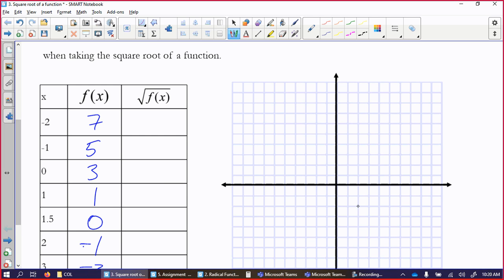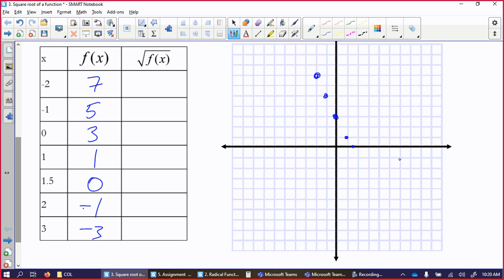So this is negative 2, 1, 2, 3, 4, 5, 6, 7; negative 1 and 5; 0 and 3; 1 and 1; 1.5 and 0; 2 and negative 1.